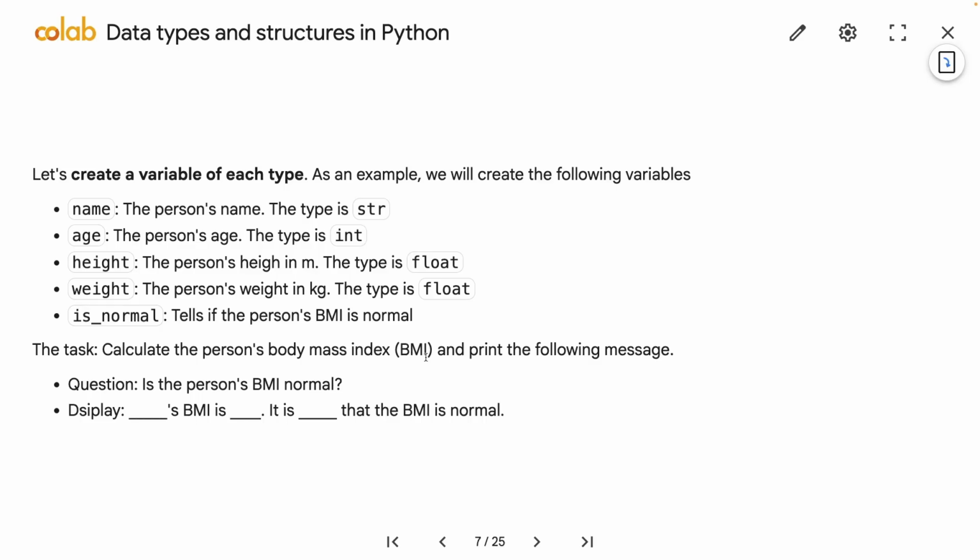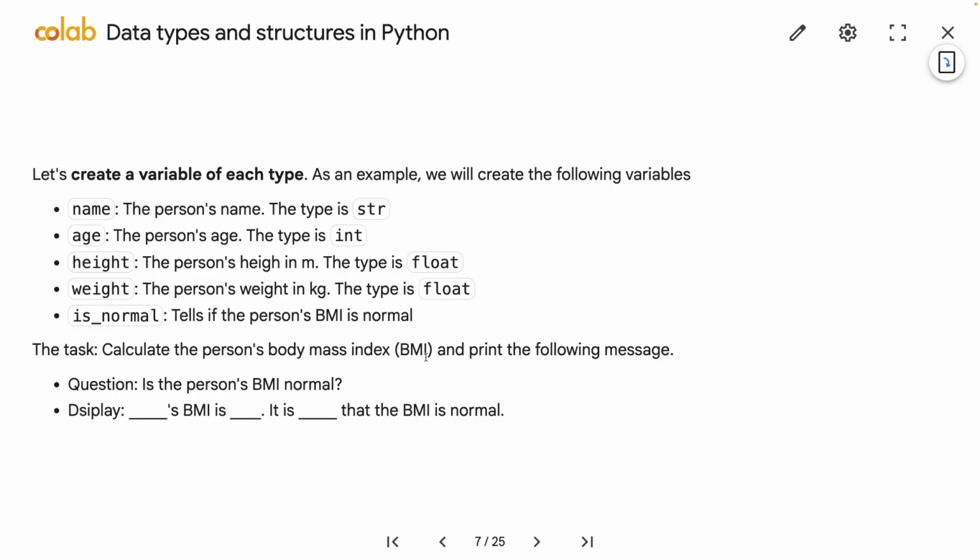So eventually we want to display a message on the screen to say this person's name, actually it's Jack. So we'll say Jack's BMI is a certain number, maybe 24, maybe 23.5, something like that, right?